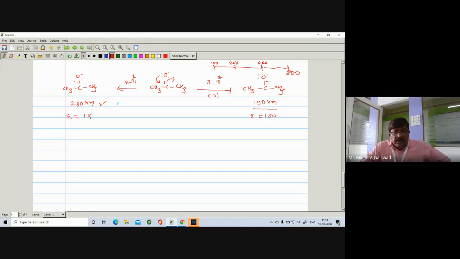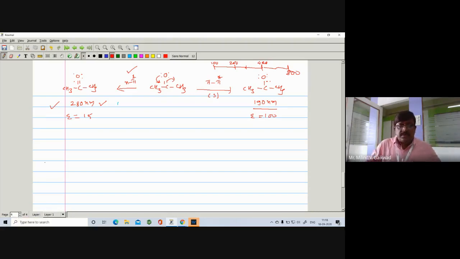But here, acetone, even though it does not contain conjugated pi bonds, still gives a signal at 280. What is the reason? The reason is that it undergoes an n to pi star transition. So you have to say that it undergoes an n to pi star transition, and that's why you get that type of signal. So this is about the extinction coefficient.